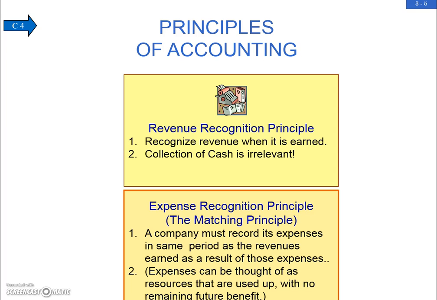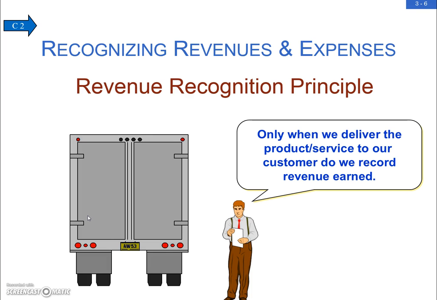In theory, we couldn't run our business if we didn't rent out the offices that we did. So we would want to match those expenses that we paid in January with the revenues that we earned in January. So we would record those specifically in January. Another way to think about it is expenses must be recognized when we use up an asset. We spoke about that, but we're going to go through a couple of examples just to make sure everyone's up to speed on that as well in Chapter 3.